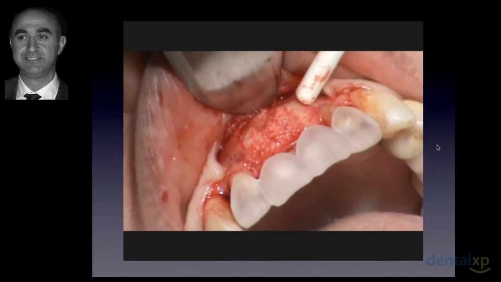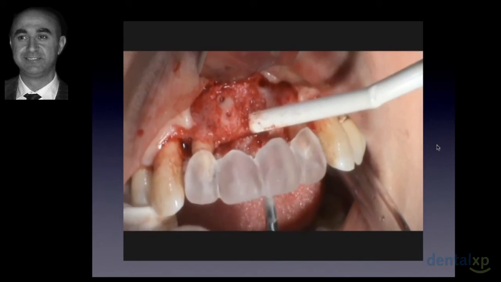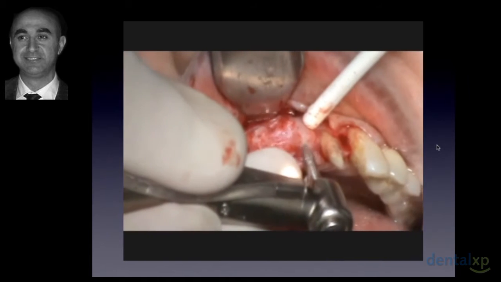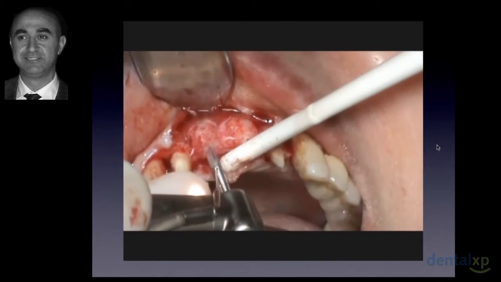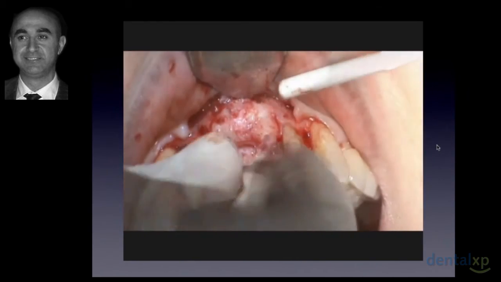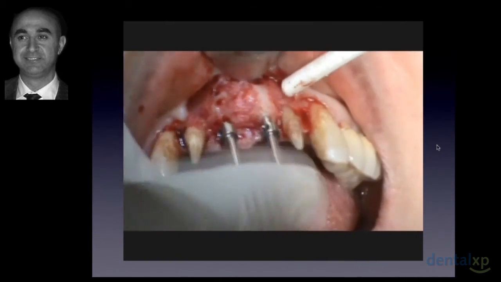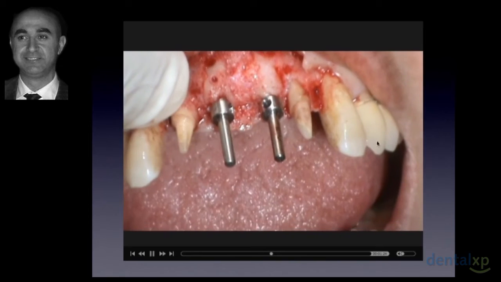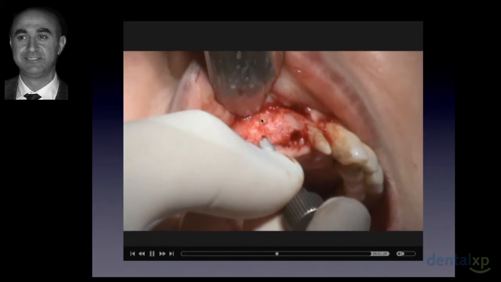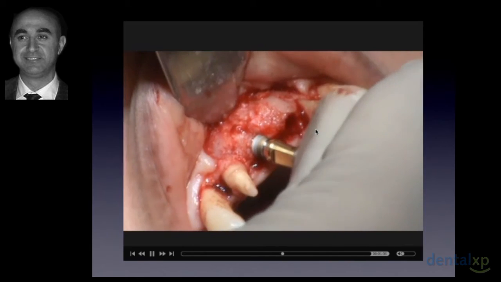And now with a milled CAD/CAM surgical stent, just to show where exactly my implant should be in relation to this anticipated milled stent, placing 2 BioHorizons internal tapered Laser-Lok implants, which should be parallel to each other, and as shown here, trying to respect the distances mesiodistally between both implants and in relation to the neighboring natural teeth.